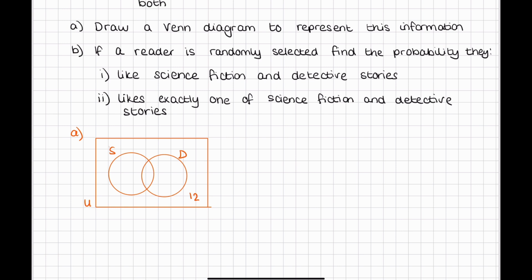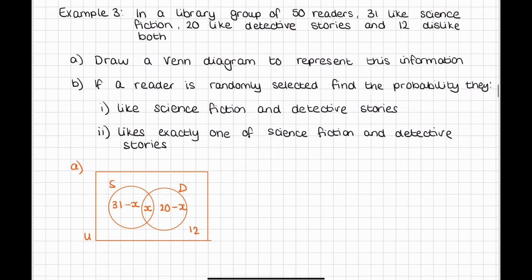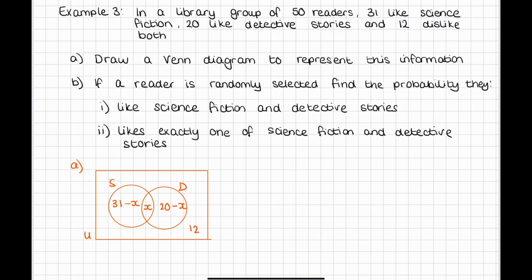Now, this information here, we don't have all the numbers we need for the middle parts. But what we can do is, to start off with this information we've been given here, we can label the intersection there as x because that's common between both. And the science fiction will be 31 minus x, and detective would be 20 minus x. So that is the information we've been given there onto the Venn diagram.